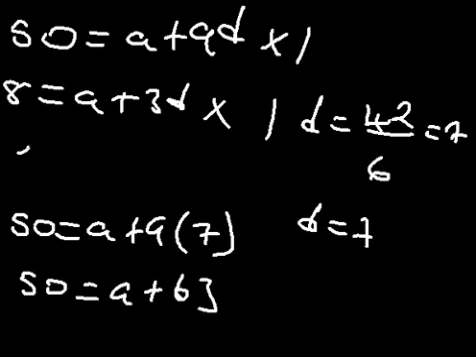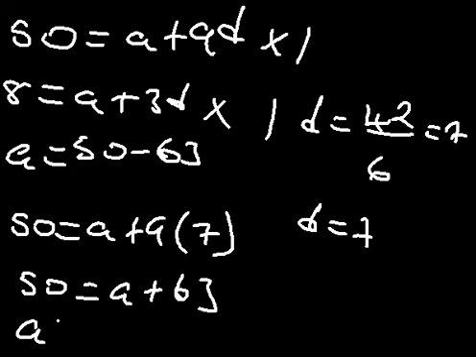And then the first term is given as 50 minus 63. So what is that? 50 minus 63 gives us negative 13. So the first term is negative 13.